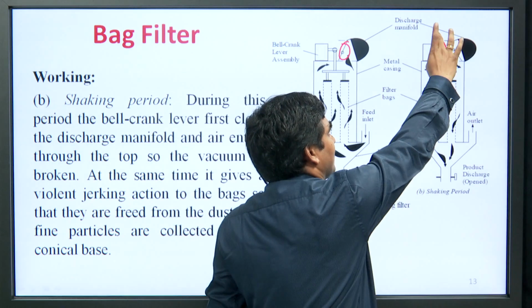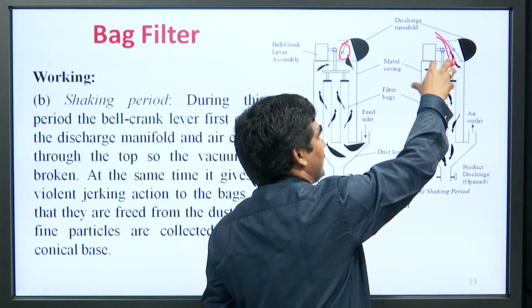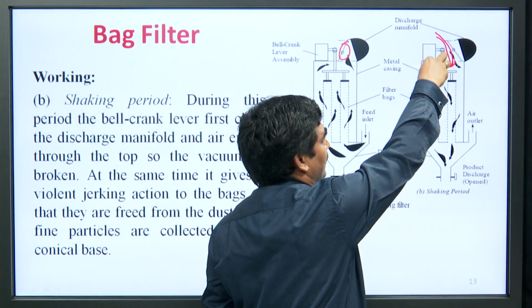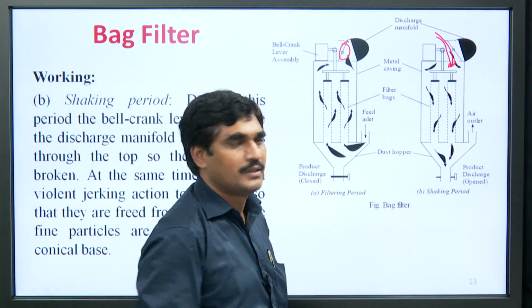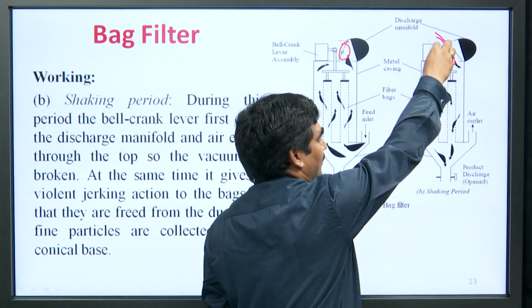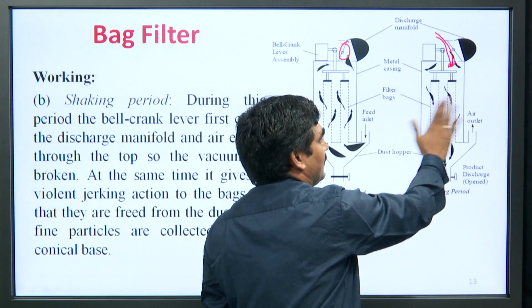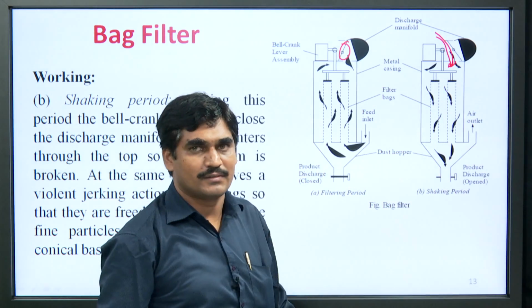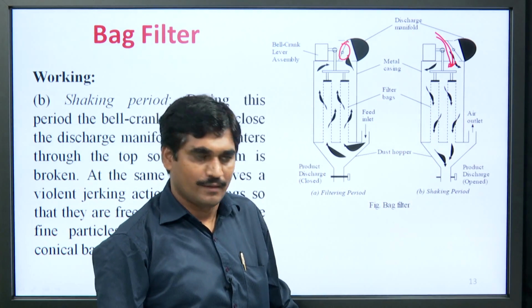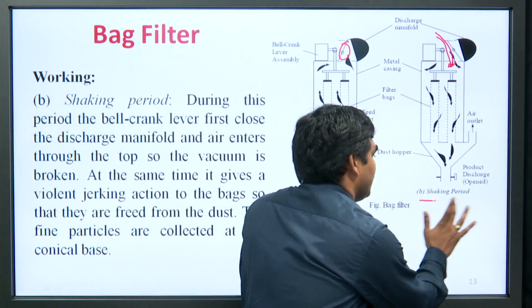As soon as air, or pressure, is applied into this section after breaking the vacuum, due to this coming in of air, the bag filters are shaken. That is why it is called the shaking period.